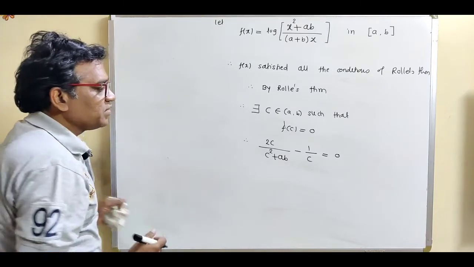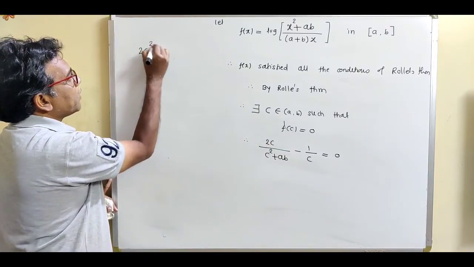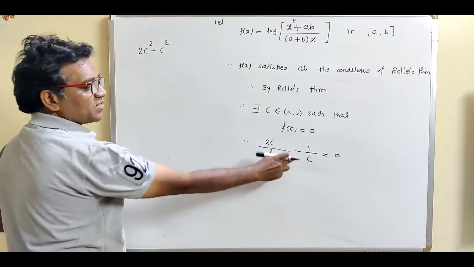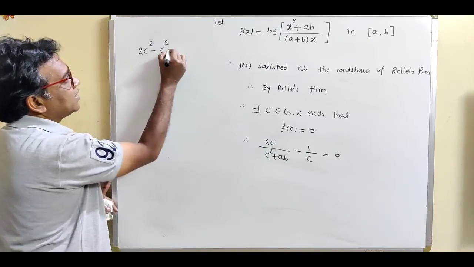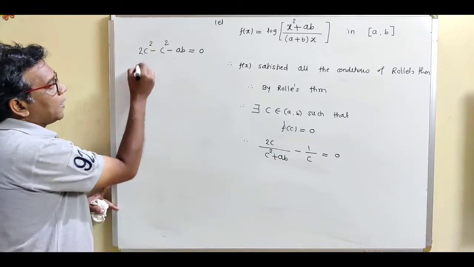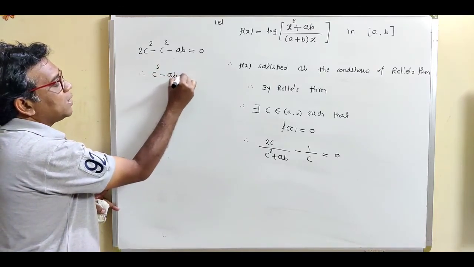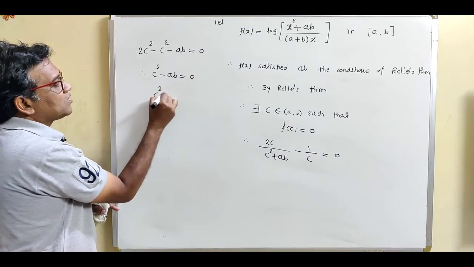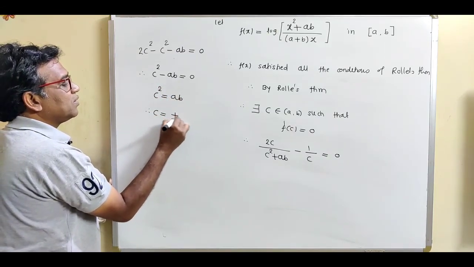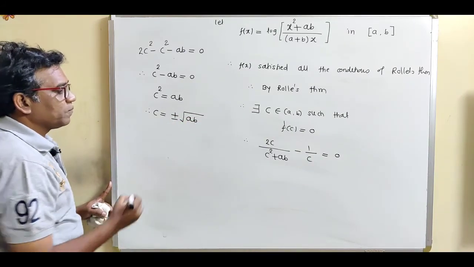So find out the value of c. Just cross multiply. This is 2c square minus (c square plus ab), just changing the sign because of this minus sign, equal to 0. So 2c square minus c square minus ab equals 0, so c square equals ab, and we get two values, c equals plus or minus root ab.